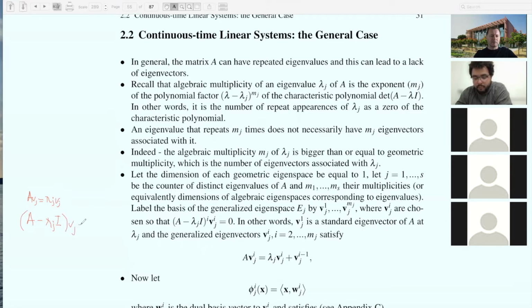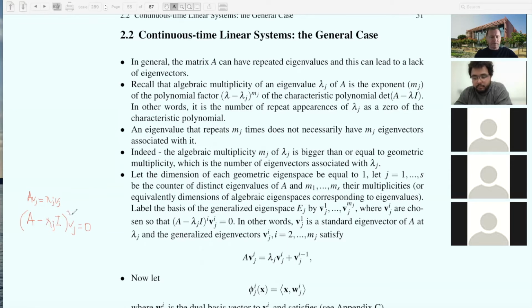So this would be an equation for eigenvectors. Vj would be an eigenvector if it satisfies this for the appropriate eigenvalue lambda j.